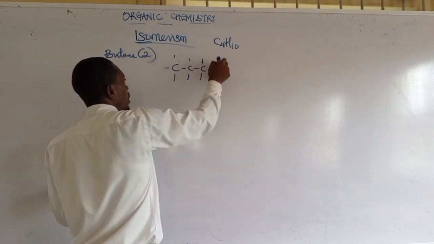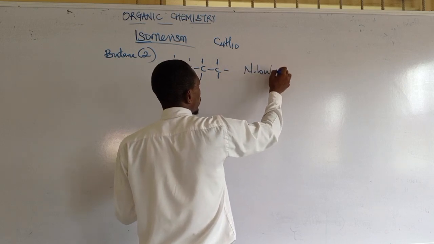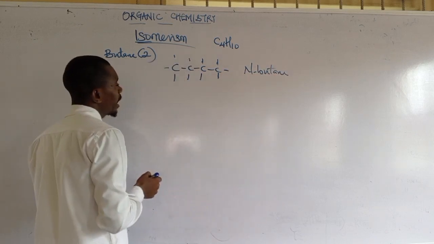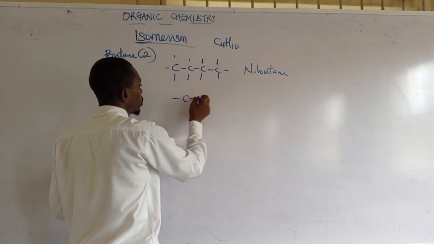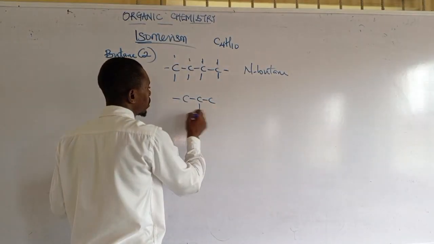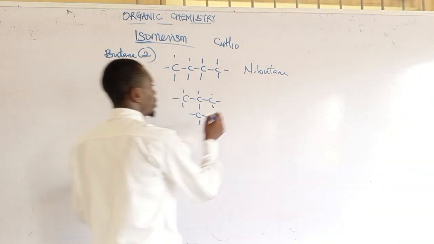I use these lines to represent the hydrogen atoms. This is actually called normal butane or n-butane. Now, to get the other form of butane, it's just removing this from here and forming something like this. So this is called isobutane.